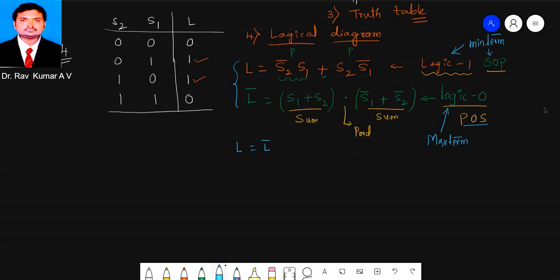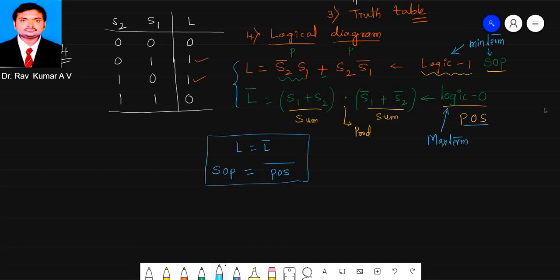That means when it is the same, the min term, that is SOP, is always the complement of POS. SOP is always the complement of POS. Whichever expression you take, as a min term or a max term, it consists of your variables, and with this truth table they are all equal, SOP equal to the complement of POS.